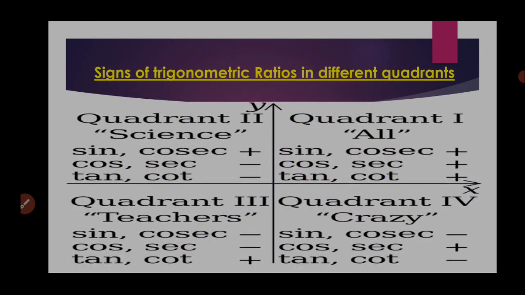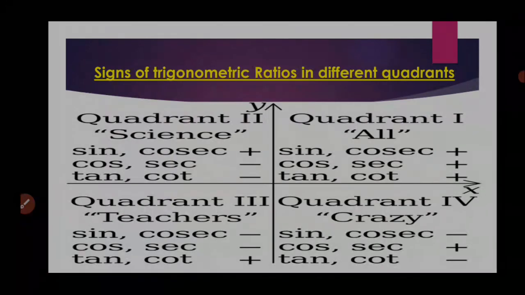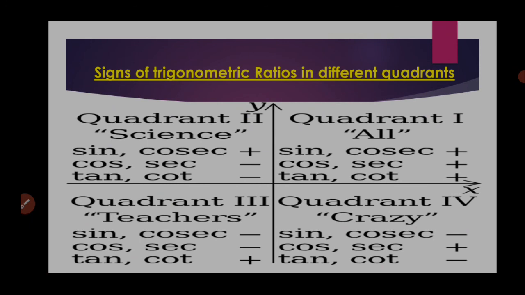Now some signs of trigonometric ratios in different quadrants. As we know in coordinate geometry, a total of 4 quadrants are there. In the first quadrant all the trigonometric ratios like sine, cos, tan, sec, cosec and cot are positive. But in the second quadrant only sine and cosec are positive.